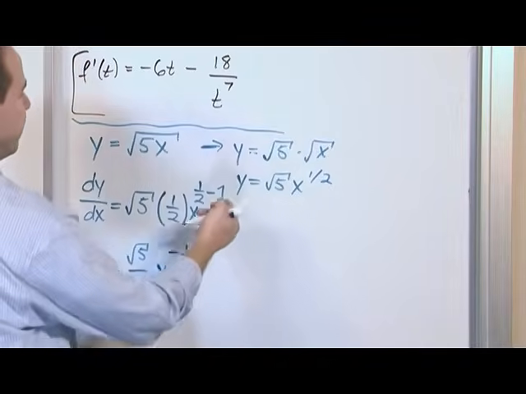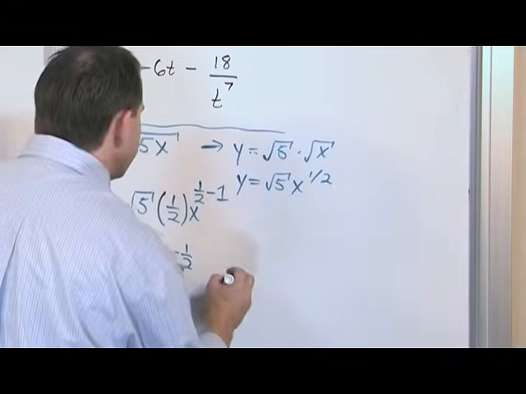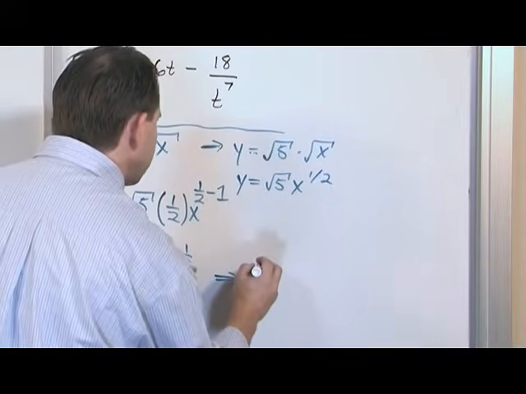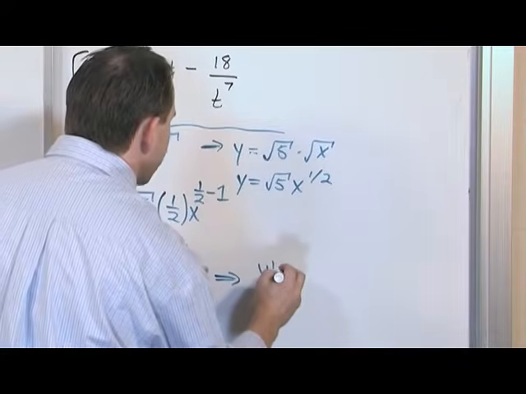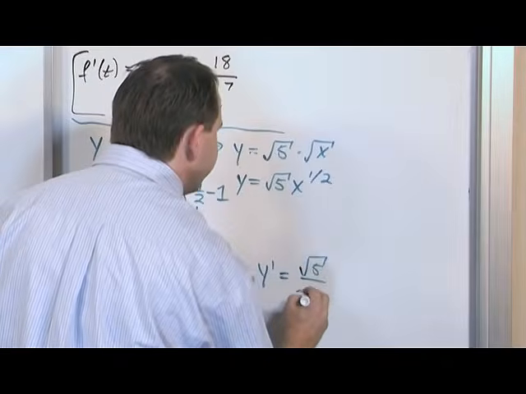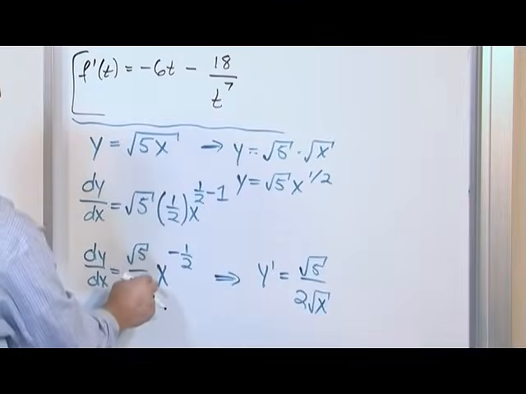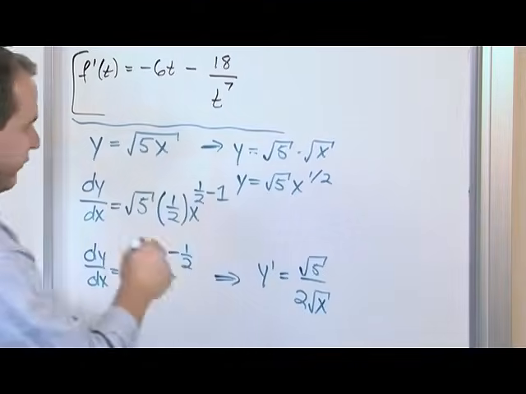And if that confuses you, put 2 over 2 and then do your fractional subtraction there and get the answer there. So you can leave this as the answer. That's absolutely no problem. You can also rewrite it as y prime is equal to square root of 5 over 2 times the square root of x. Because you move this guy to the bottom, you'll have x to the positive 1/2, which is just a square root.